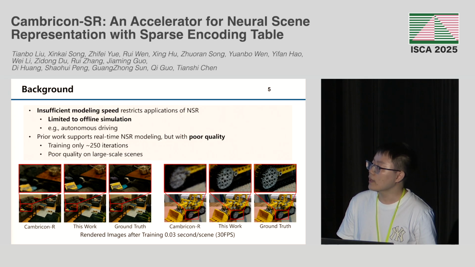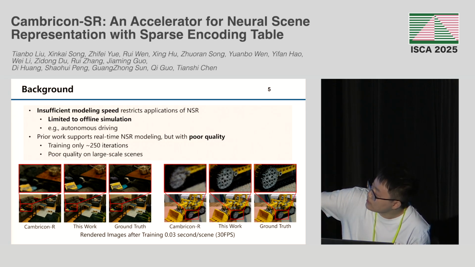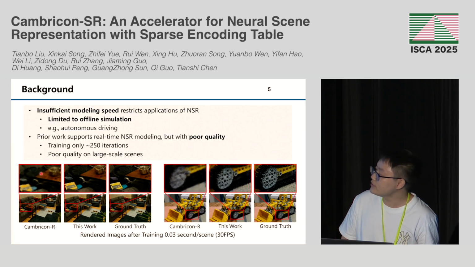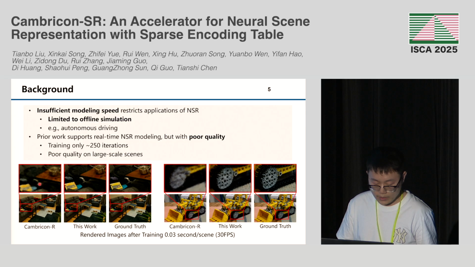Specifically, Cambricon-R can train only around 250 iterations under the real-time constraints, which is insufficient for real-world large-scale scenes. As we can see from the images, the detail is quite blurry. Objects like the book and the ball can hardly be recognized.